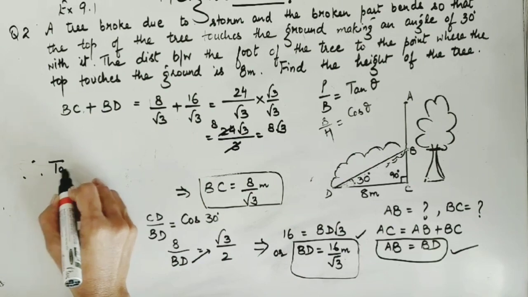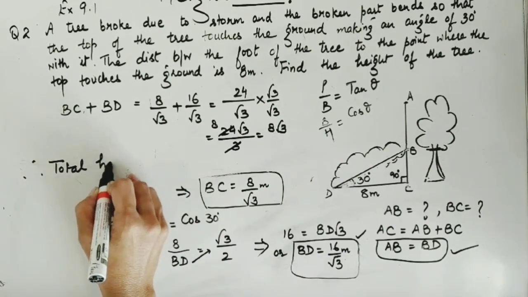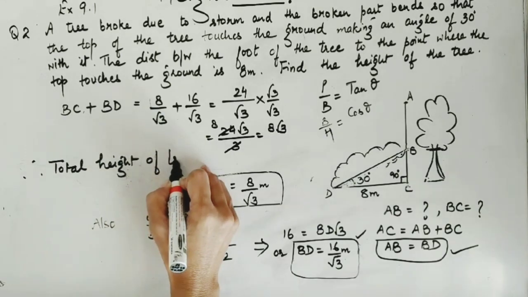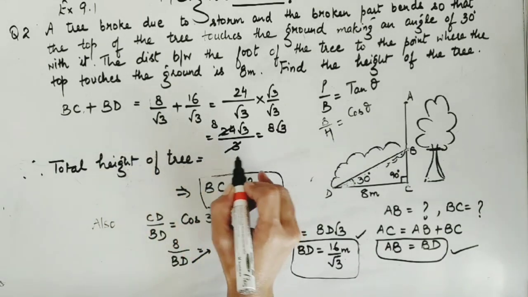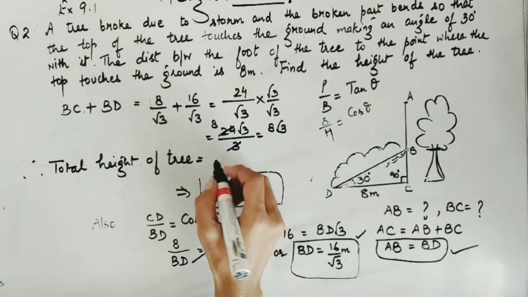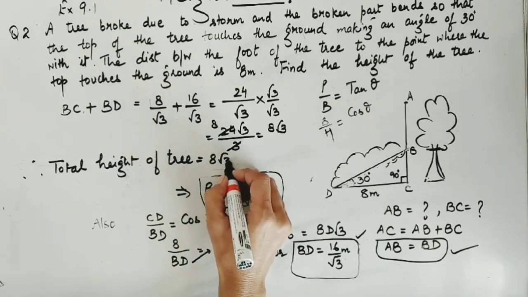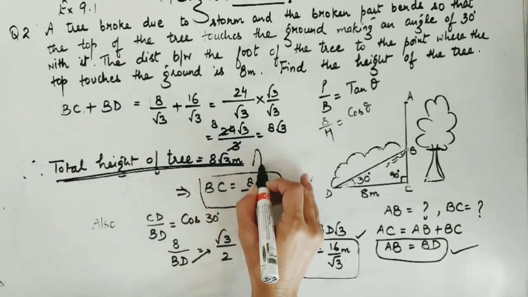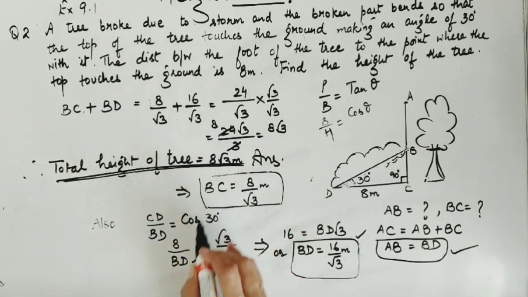Therefore total height of tree is 8 root 3 meters. So this is the answer, this is what we were looking for.